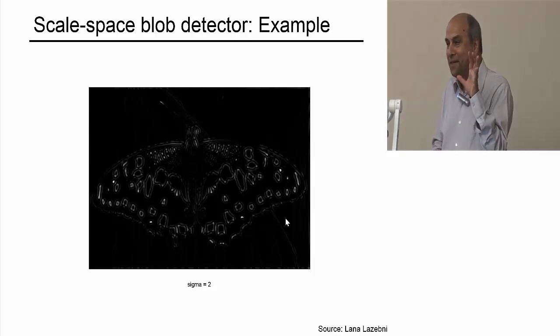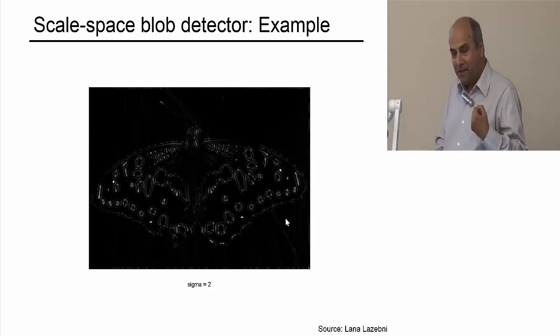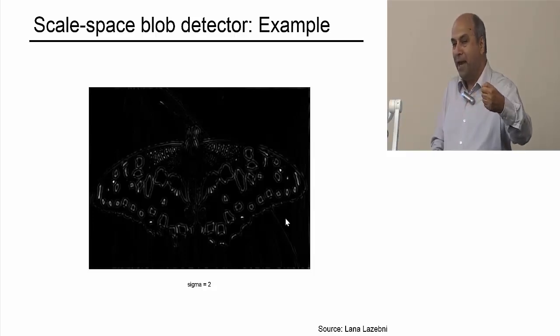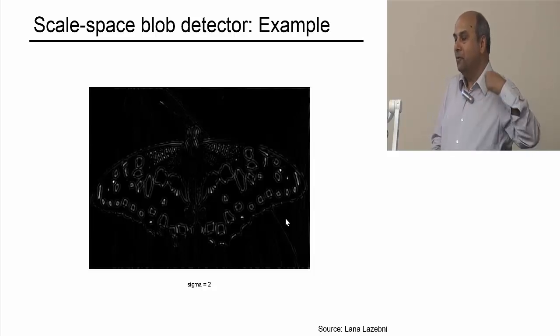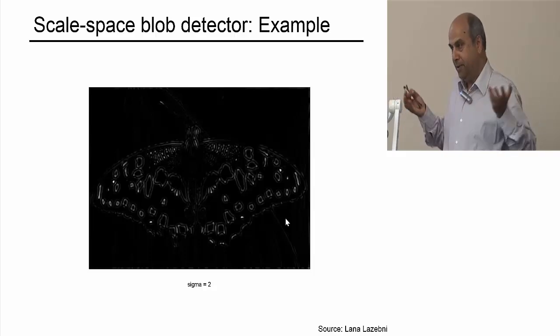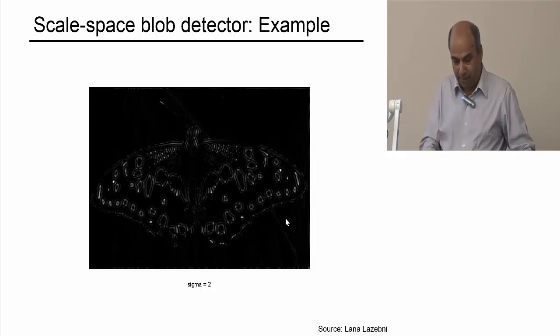So that is what we are doing right now. We take an image, we apply these filters at many scales, and we look at the response at each pixel, we pick the one which is the maximum, and we take its corresponding scale. It's very simple. There's nothing hard about it.